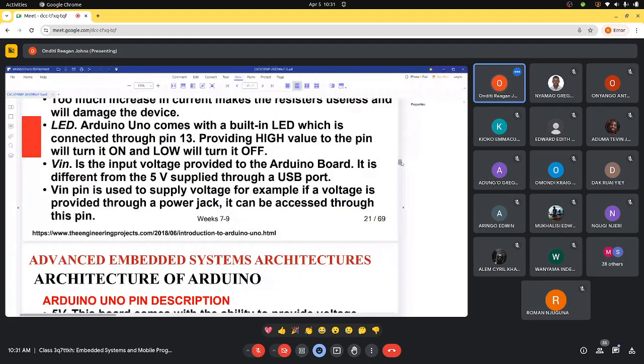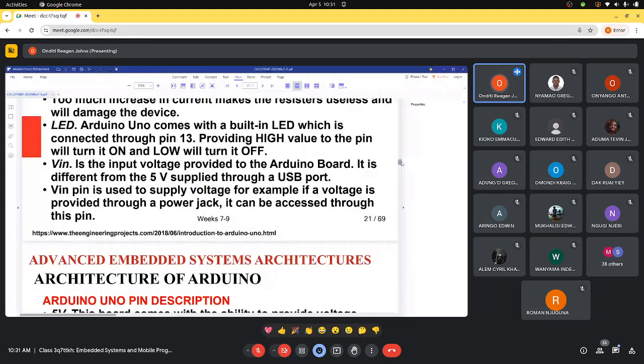You see the LED, which is connected through pin 13. So provide a high voltage value to the pin, which turns it on, or a low value, which is 0, which turns it off. So digital electronics, high, low, you also need to have that concept well articulated.